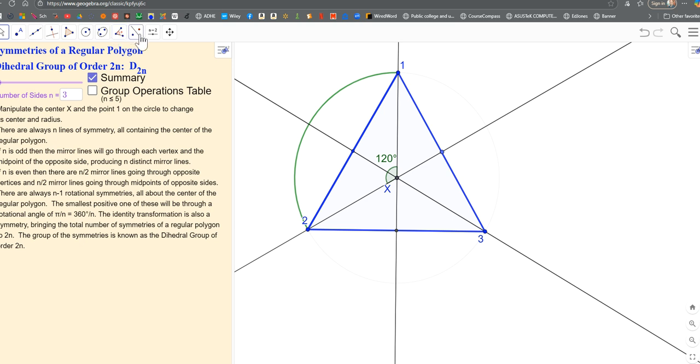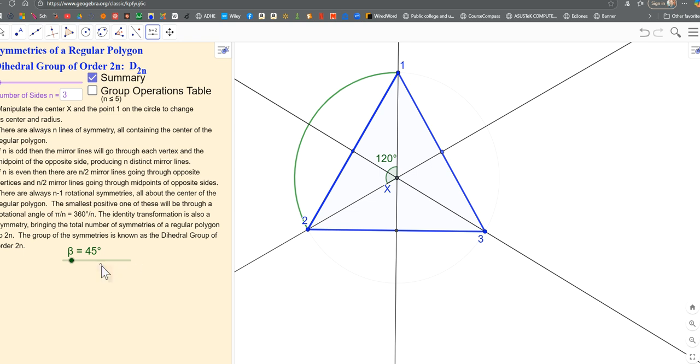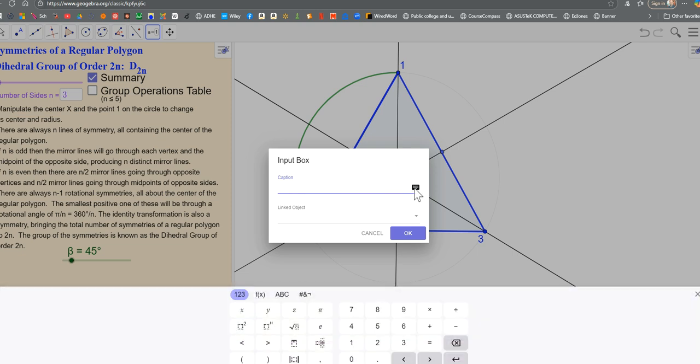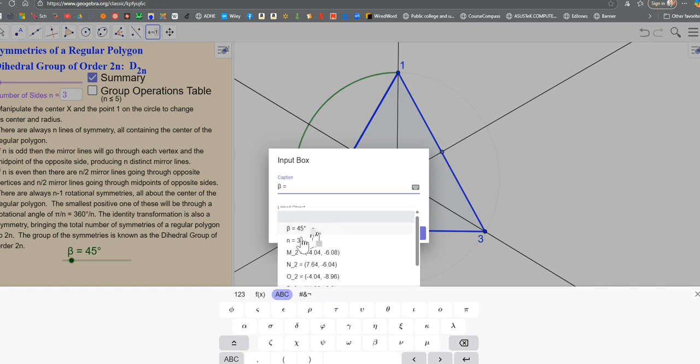So I tell you what, let's do this. Let's add something to this. Let's add a slider. Let's make it an angle slider. Okay, it's beta. Let's do an input box to go with it. We can call that beta, and link that to angle beta.